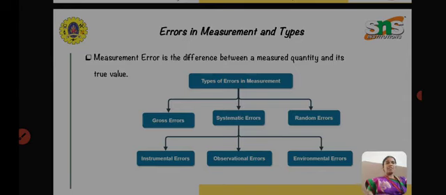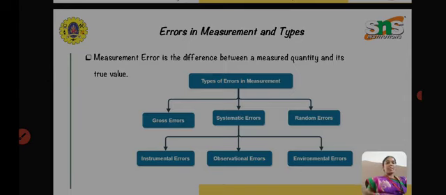And then the second type is systematic error. This systematic error is due to shortcomings of the instruments and changes in external conditions affecting the measurements. It is further classified into instrumentation error, observational error and environmental error. Instrumentation error arises due to the change in the properties of the components used in the instrument.